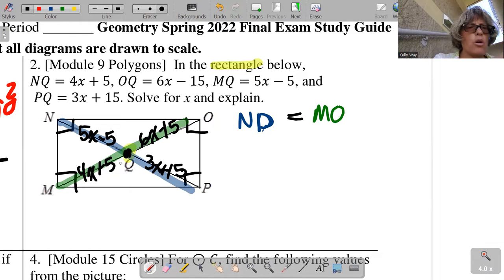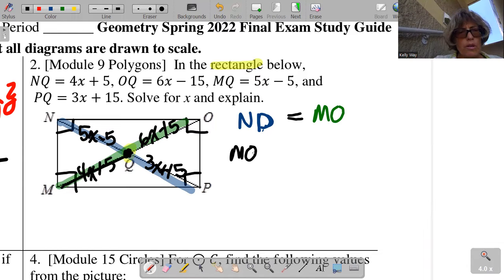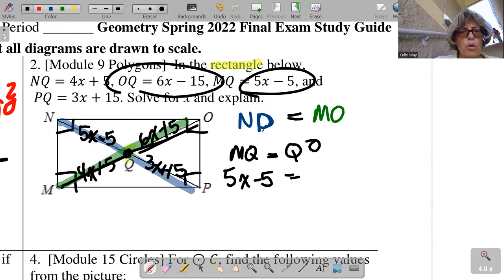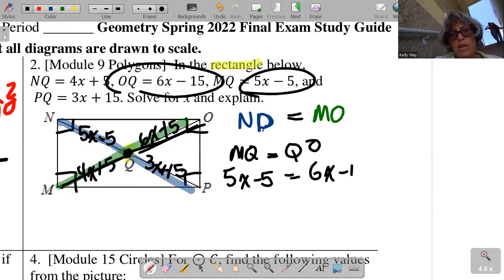All you need to know is that this m to q equals q to o. So m to q, 5x minus 5, equals q to o, 6x minus 15. Just want you to solve for x.